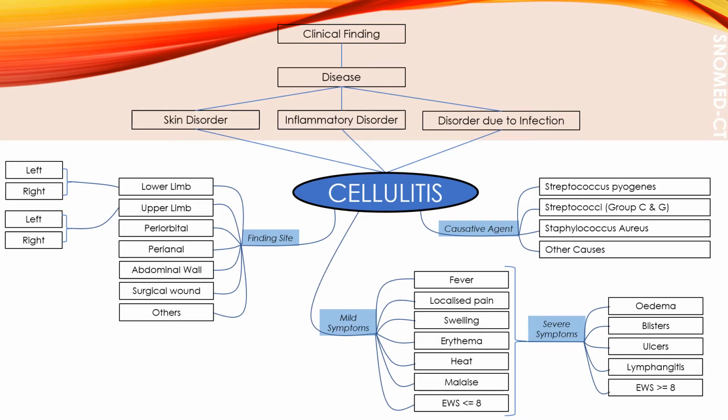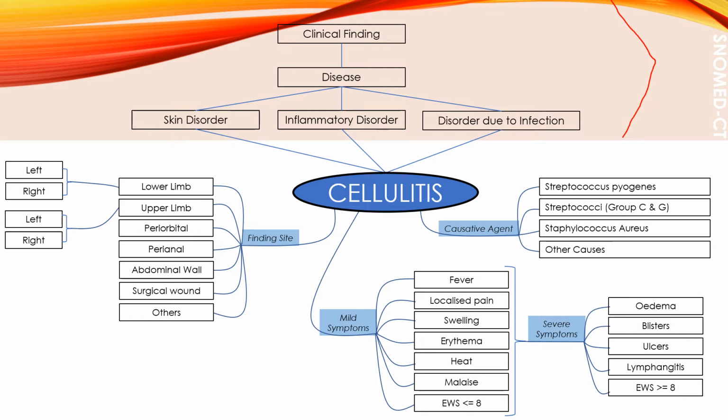This slide here shows you the mind map that I have made for cellulitis. You can see here on the top, on the pink background, that's the concepts that I can find when I type cellulitis in SNOMED CT.